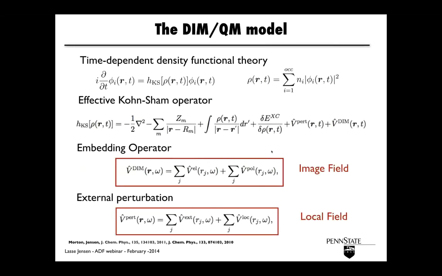So the main focus of the DIM-QM model is response properties, which means this is implemented within TDDFT, where again we set up the same type of time-dependent DFT equations as for the free molecule, but you get one additional term due to this DIM-QM operator.